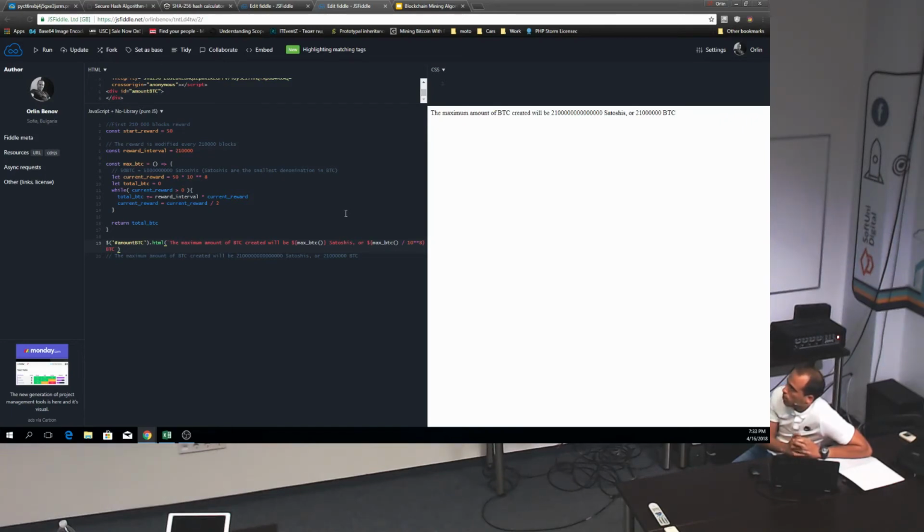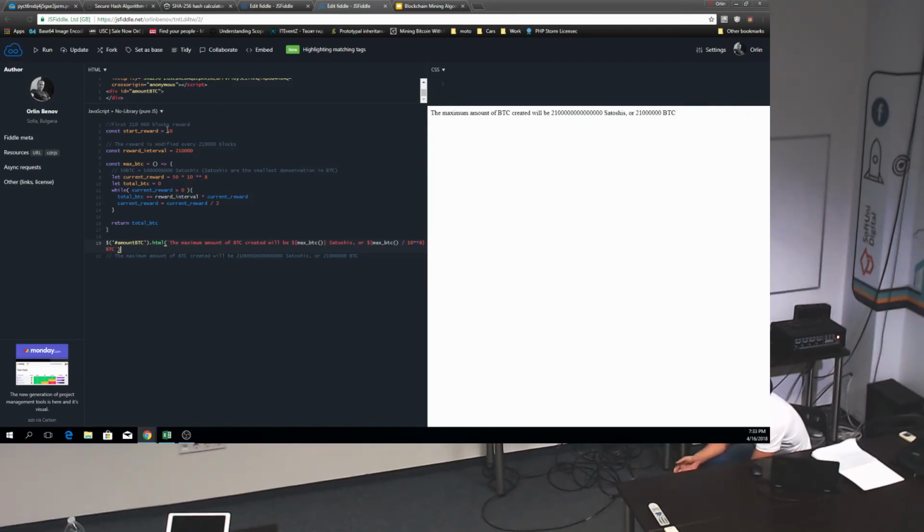This is written in the protocol of Bitcoin in the very beginning. So it's like steps until all the bitcoins are mined and are available in the network. The code is really simple. Here we could see that we have the starting reward, which is 50 bitcoins. We have the reward interval, which is 210,000 blocks.